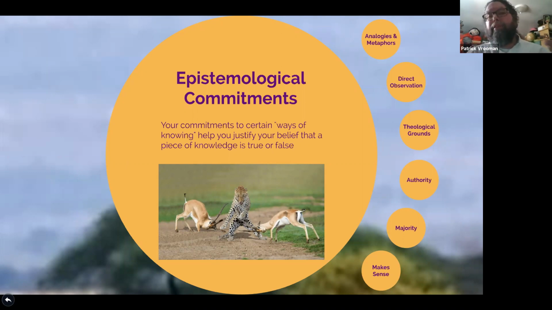But this is a commitment that's being challenged right now by, those gazelles understand things a little bit differently than that leopard, and they're going to kick his ass, right? So we have commitments to knowing certain things a certain way. And these are huge. These are some of the big critters running around in our head, these epistemological commitments.